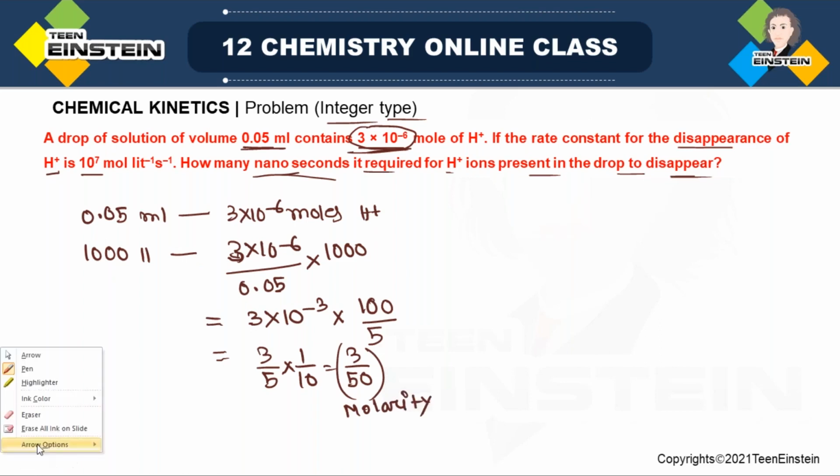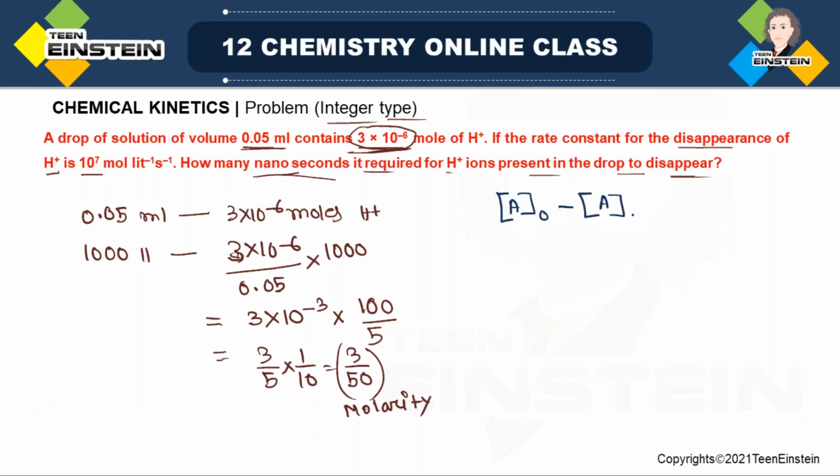Now for a zero order reaction, the expression that we follow: initial concentration minus concentration at time t equal to kt. Here the individual values of A naught and At are not given, but their difference you can consider as 3 by 50, that is the concentration of H plus, and the value of k is 10 to the power 7 moles per liter per second.